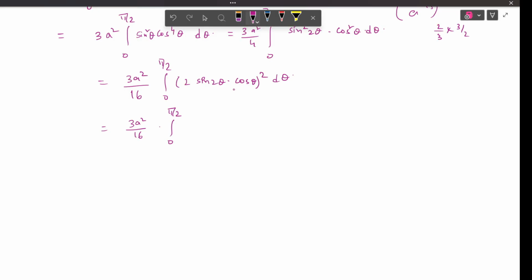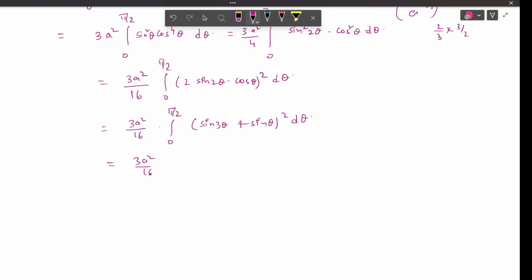Okay. Now this is 3a square by 16 into 0 to pi by 2. We can say that this is the 2 sin a cos b formula. We have to apply the 2 sin a cos b formula. This is sin of a plus b plus sin of a minus b. So this would be sin of 3 theta plus sin of theta whole square d theta.